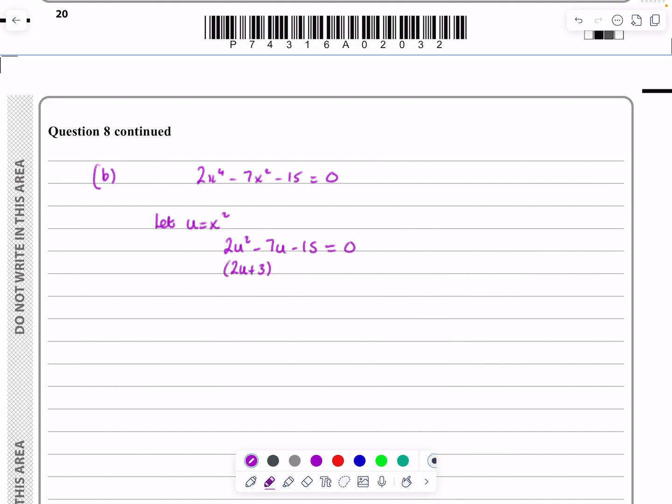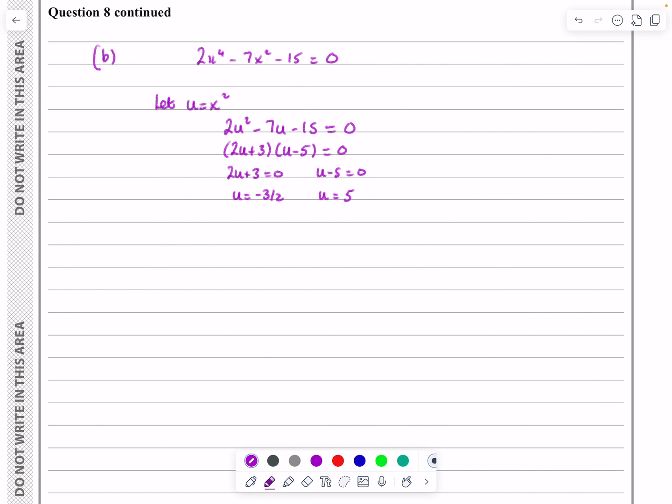It would be a worry at this stage if you don't know how to factorize something like this pretty quickly. So we're going to get 2u plus 3 equals 0, which is going to give me u equals minus 3 over 2. We're going to have u minus 5 equals 0, which gives me u equals 5.